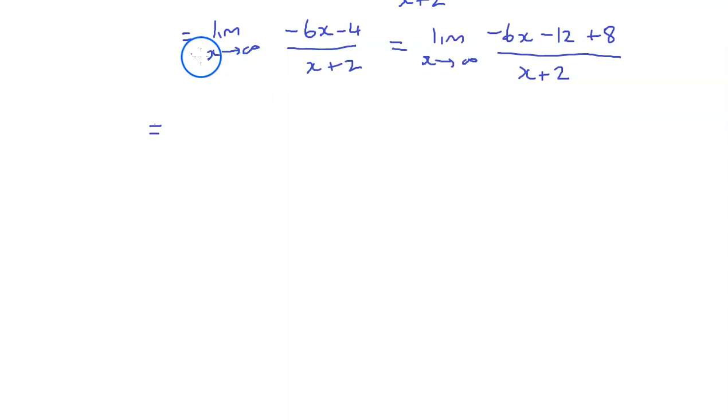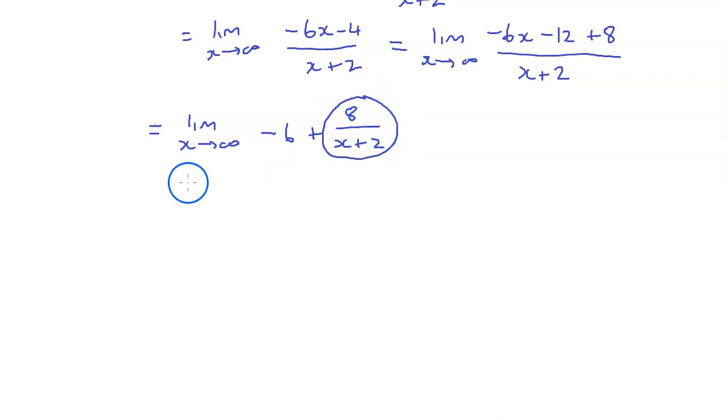Alright, and then that's equal to the limit as x tends to infinity of negative 6, because we can factor negative 6 out of there. So negative 6, and then just plus 8 divided by x plus 2. And then clearly as x tends to infinity, this one goes towards 0, so the whole thing is just negative 6.